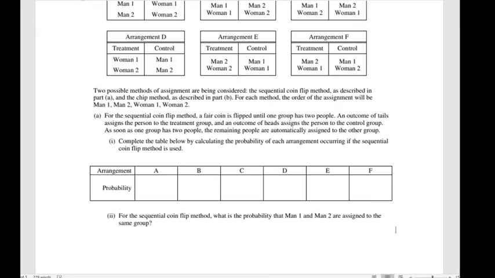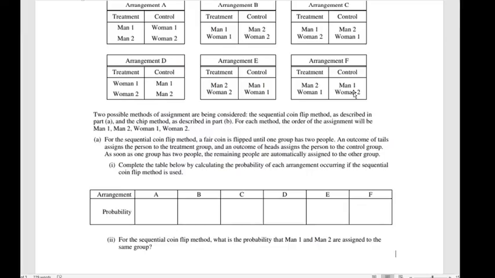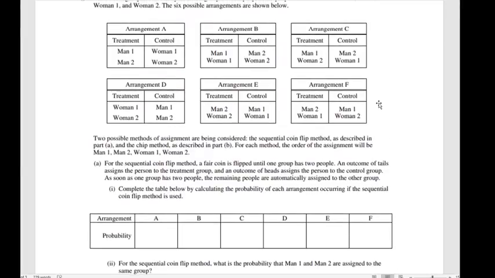So a fair coin is flipped until one group has 2 people. An outcome of tails assigns the person to the treatment group. An outcome of heads assigns the person to the control group. As soon as one group has 2 people, the remaining people are automatically assigned to the other group. So this is looking really at how the method of randomizing can affect things. So we're doing man 1, man 2, woman 1, woman 2.